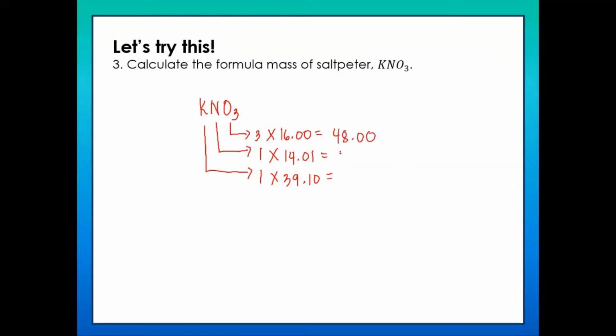Nitrogen is just 14.01, and potassium is just 39.10. Add this and we have 101.11 AMU. This is the formula mass of saltpeter, which has the chemical formula KNO sub 3.